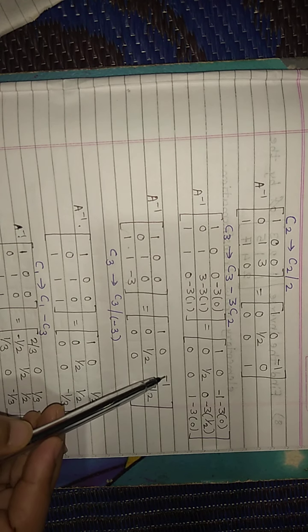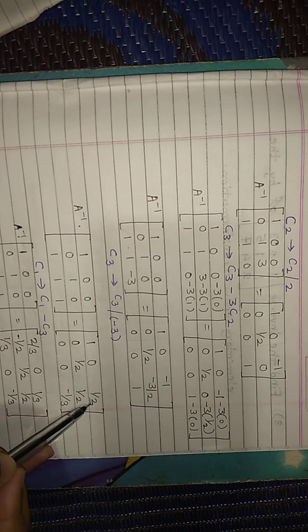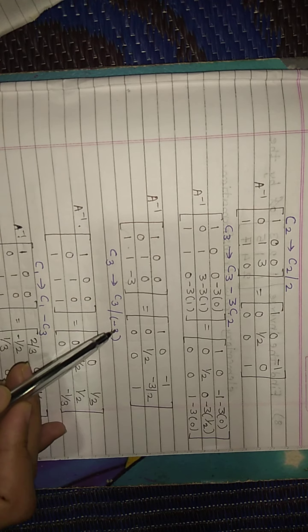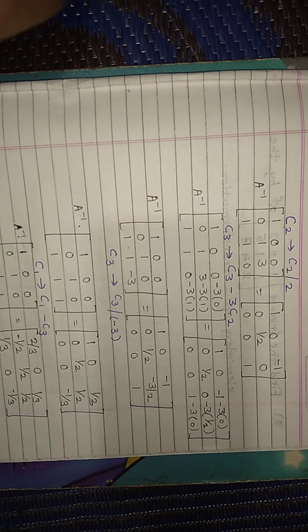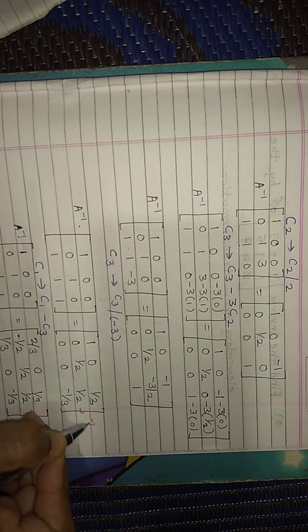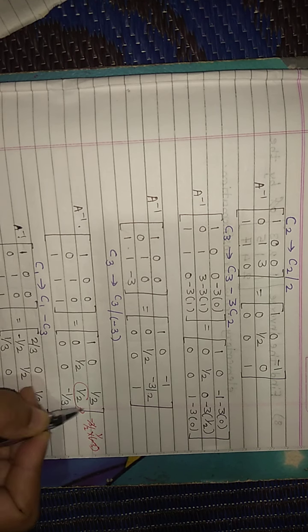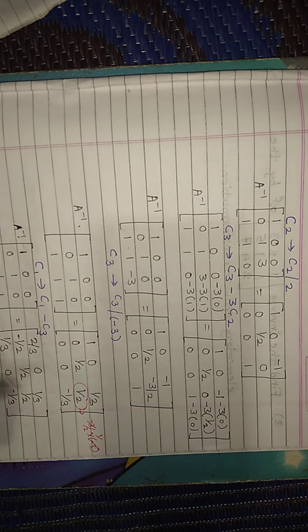In the next step, minus 1 upon minus 3, so the minus sign gets cancelled, 1 upon 3. Minus 3 upon minus 3. Here, the next element is minus 3 by 2 divided by minus 3, so minus 3 gets cancelled. We get 1 upon 2. The next step, 1 upon minus 3, minus 3.